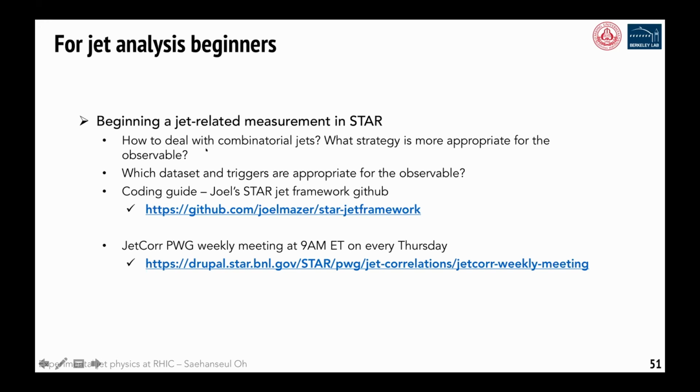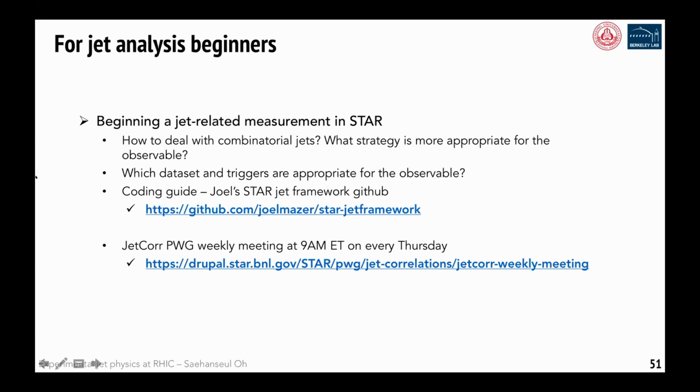When you start a jet analysis, what I wanted to say is, I think you should make a plan in advance. In particular, you have to make a whole plan for your analysis strategies, because at a later stage, once you spend quite some time, after like 6 months, you realize that, oh, I should have done this. That's not really a good thing.